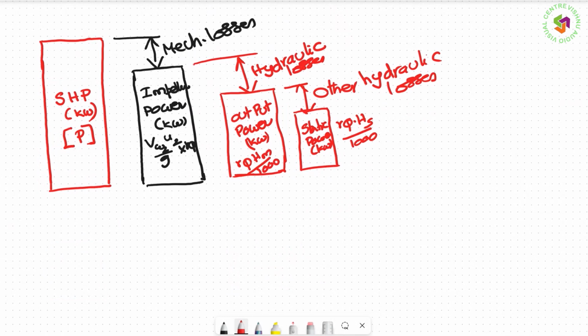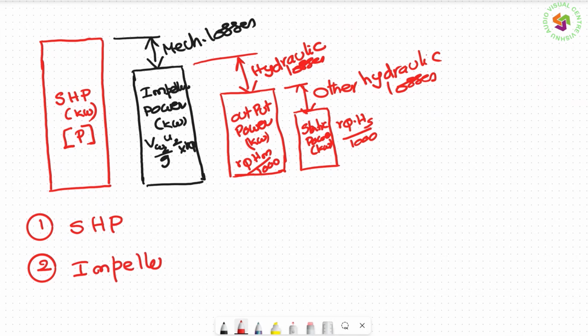This should be clear to you. The first initial thing that is available is shaft horsepower, right? Second, from shaft horsepower to impeller power. Then from impeller power to the output of the pump.